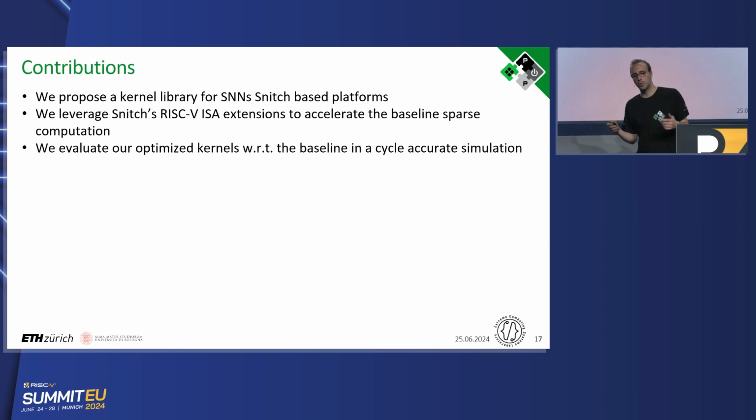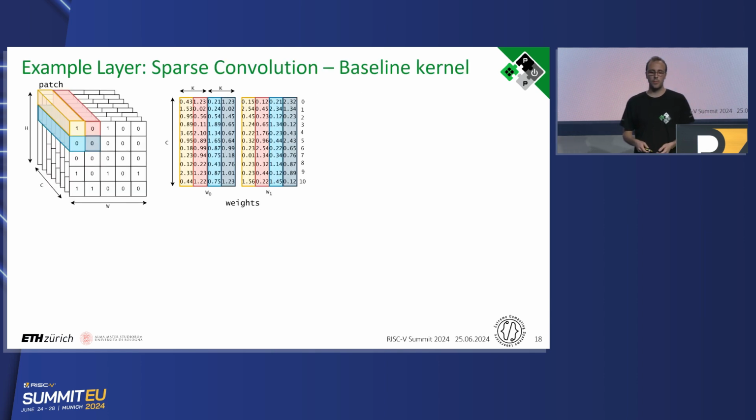So our contribution is a kernel library for spiking neural network inference on a Snitch-based platform where we exploit Snitch ISA extensions to accelerate the computation and also to maximize the floating point utilization. Here we have an example of the convolutional layer in an SNN, which is the key bottleneck in the event-based perception systems based on these models.